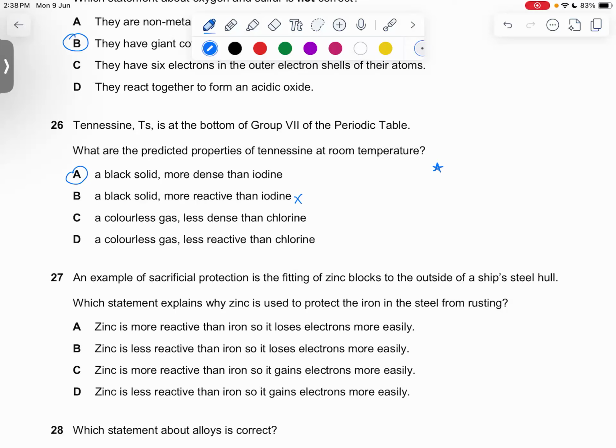All right, I'll write it like this: in group 7, reactivity decreases down the group. So the color becomes darker.